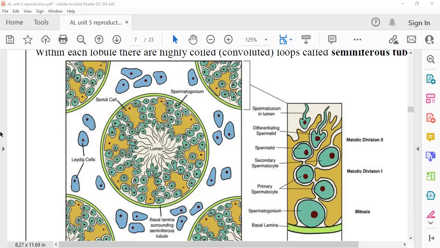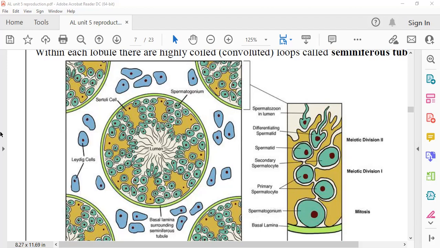What is the hormone secreted by Sertoli cells? Inhibin. We will later discuss the role of inhibin in male reproduction.